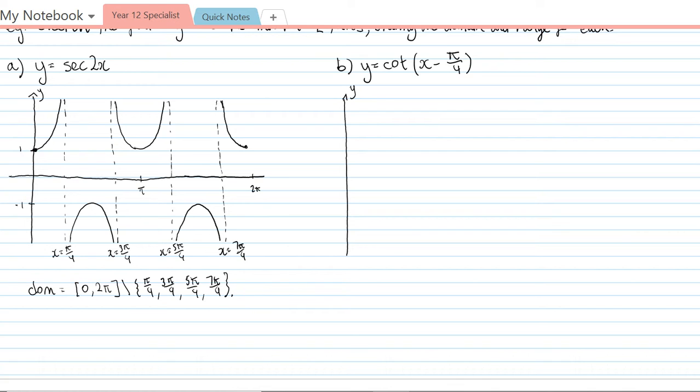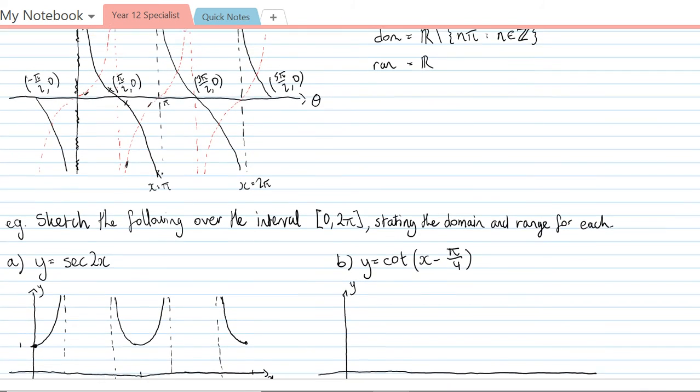And the range of this one as well is going to be all real numbers excluding -1 to 1. Right, onto the graph of cot now. So again, sketching from 0 to 2 pi. I should label this x as well. So we look at the graph of cot.